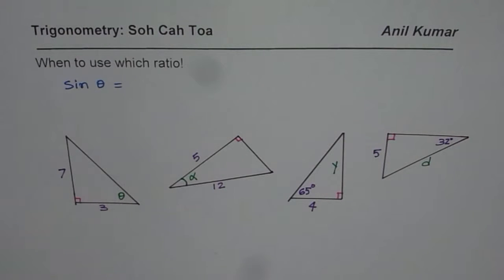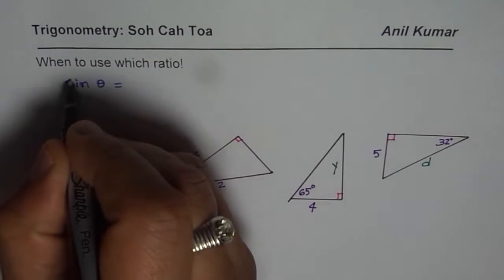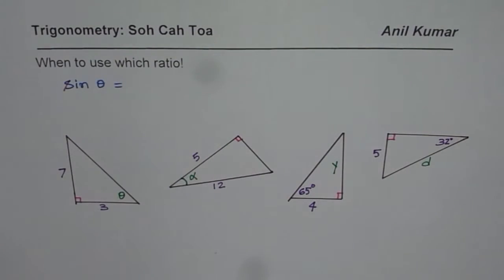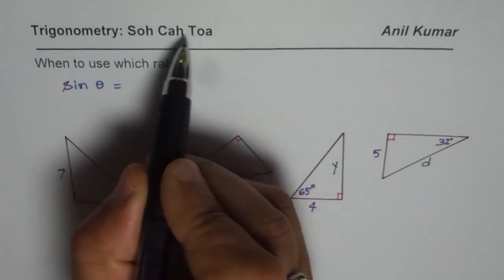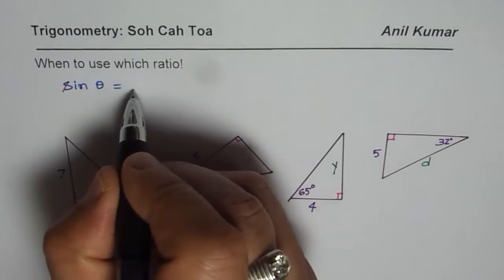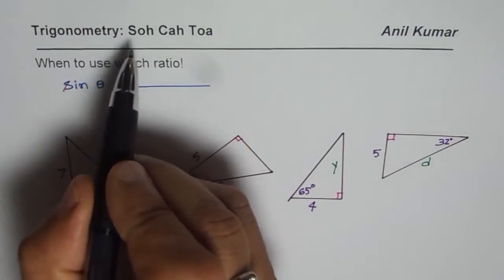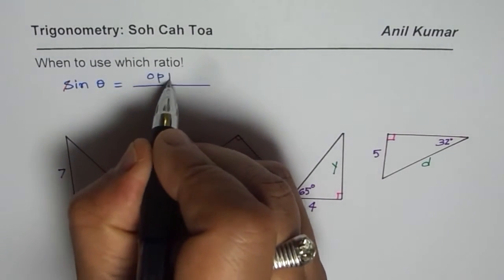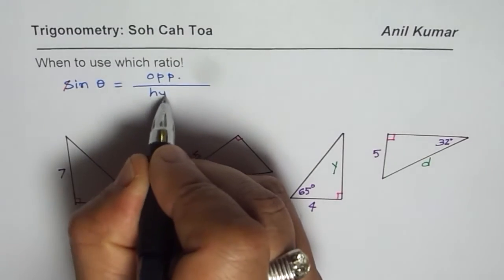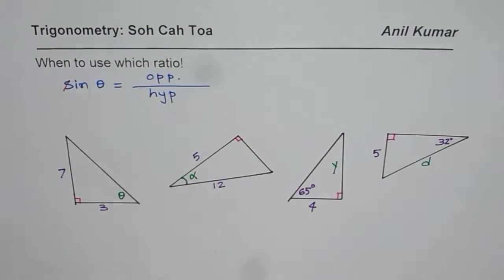All trigonometric ratios should be written in lowercase, okay? So there is a correction, I'm making it right there. S is small, okay? Now whenever we say sine theta, then we use SOHCAHTOA. SOHCAHTOA really means it is a ratio of two sides: opposite over hypotenuse. So I'm writing in short form, opposite over hypotenuse. That is what sine theta is.